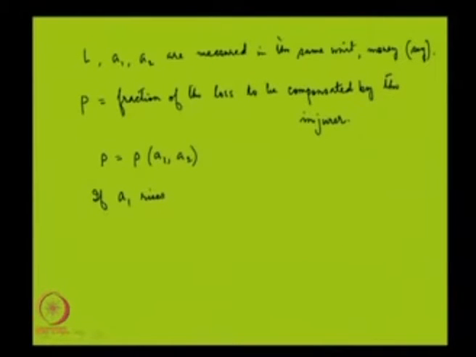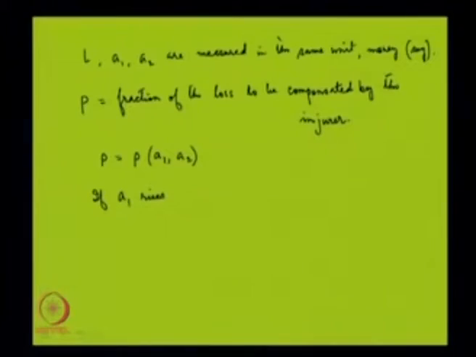In that case, it is reasonable to assume that rho should go down, because he is less responsible for the accident, and therefore, he should bear a smaller fraction of the loss that has to be compensated.